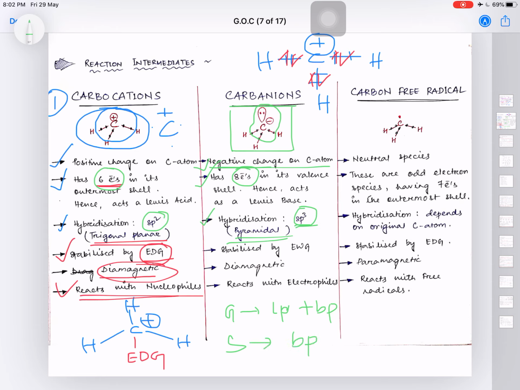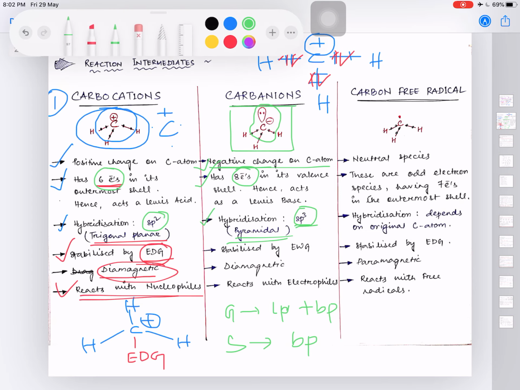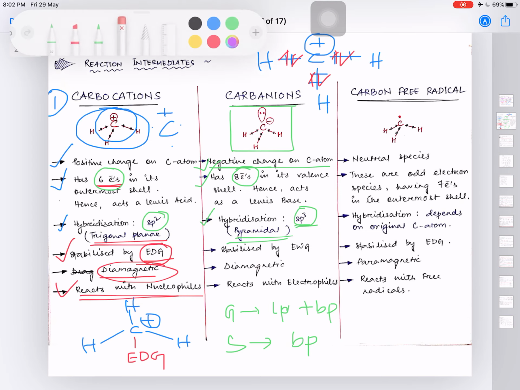So if you look at the structure of this carbanion, if you consider all the lone pairs and bond pairs, it is a tetrahedral geometry. But while considering the shape, we will not take this lone pair, so it is a pyramidal shape. In this way we find out.